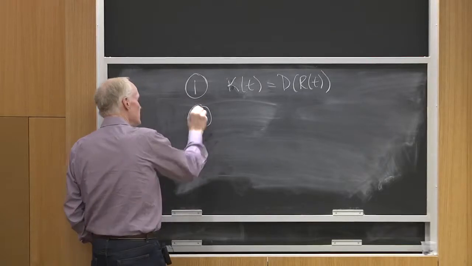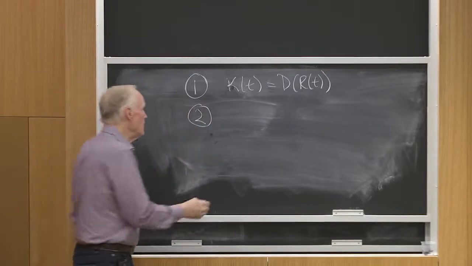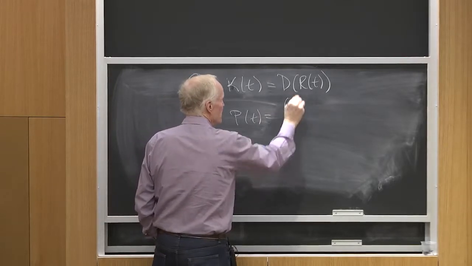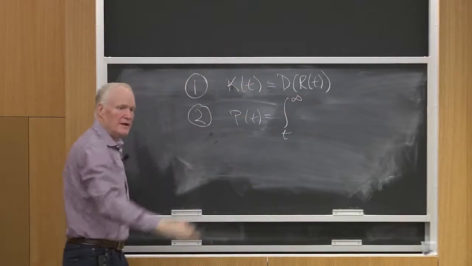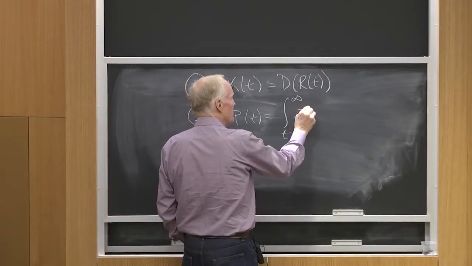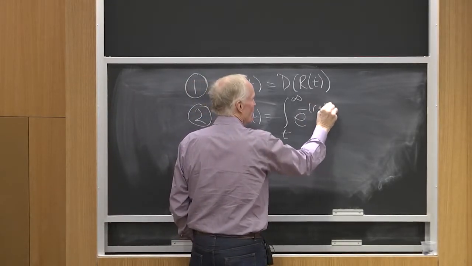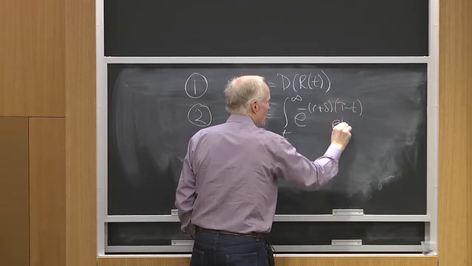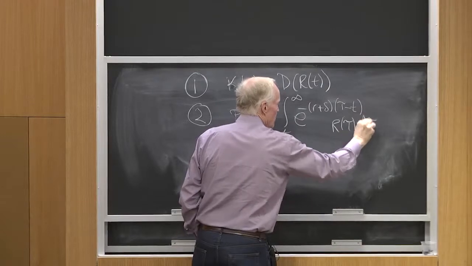Number 2 is very similar to what we had before. P of t equals the integral from t to infinity. So we're going to integrate future rents. We're going to discount at e to the minus r plus delta tau minus t, r of tau d tau.